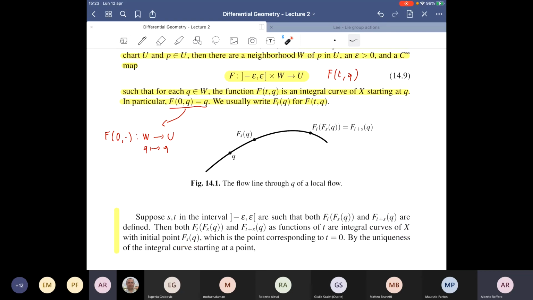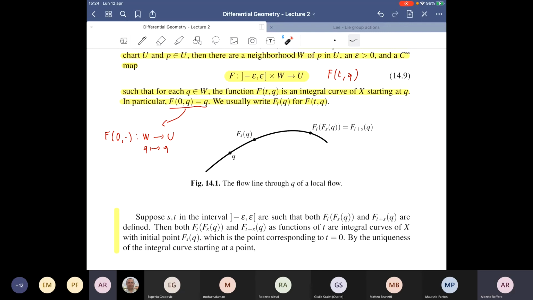So if you put time equal to 0 here, you will get F of s, q, so it will start from here. If you put time equal to 0 here, you will get F of 0 something, and we said just before that it is the identity. And so at time equals 0, also this one is F_s of q. And they solve the same ODE.